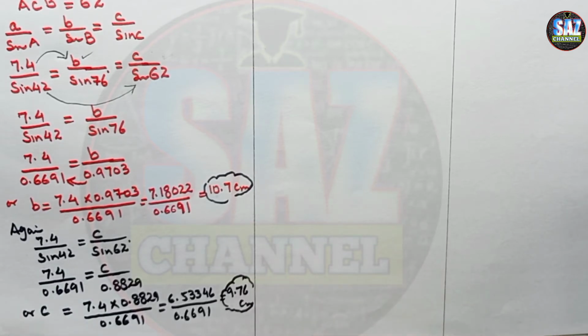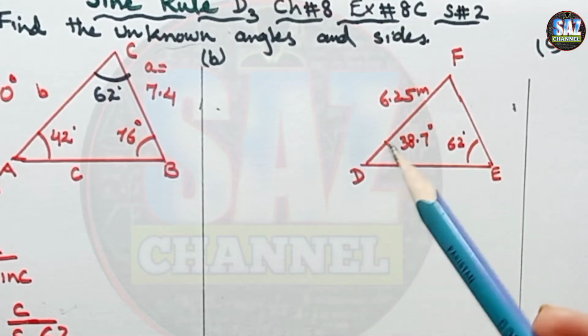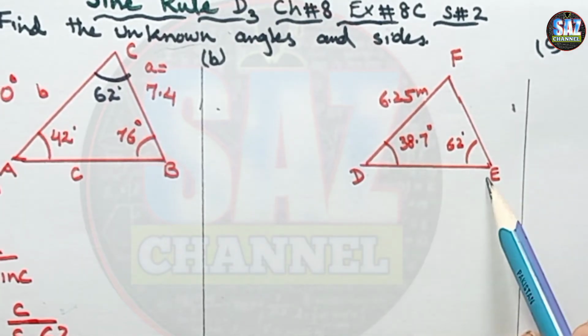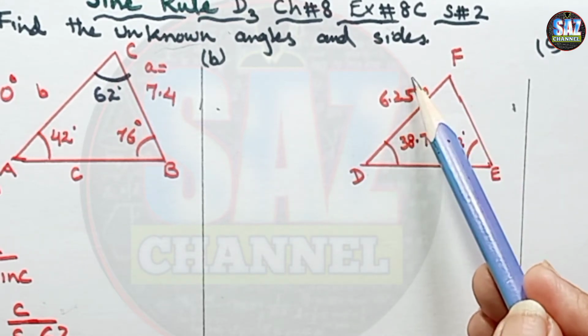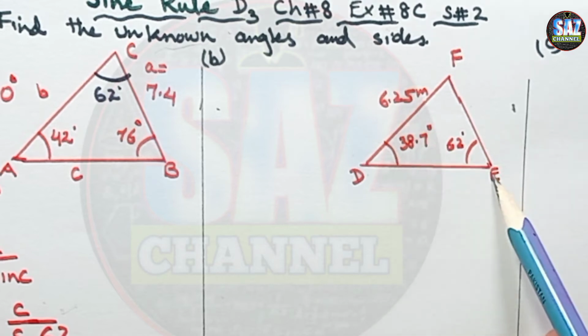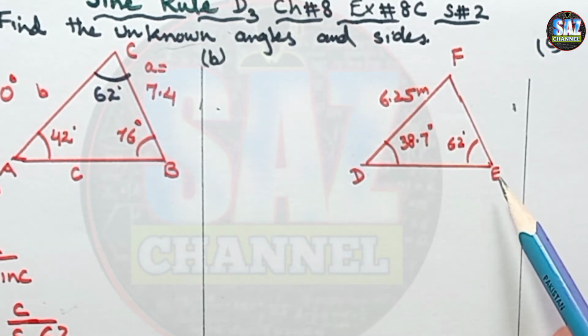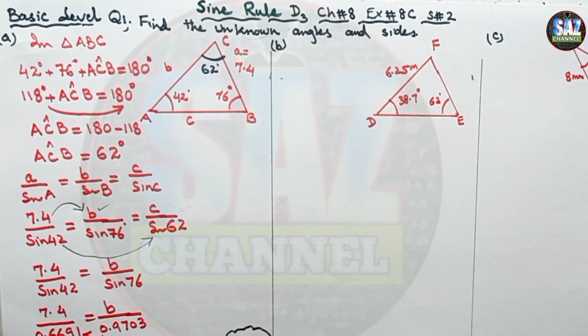I hope you are clear about this question, and let me quickly move to the next part, and let's compare the question with the book first. In part B, the given angle is D, that is 38.7, and E is 62 degrees, and one of the lengths is 6.25, which is the side in front of the vertex E. Now the first requirement is that we have to find the third unknown angle of the question.